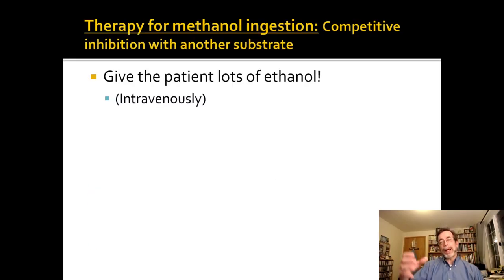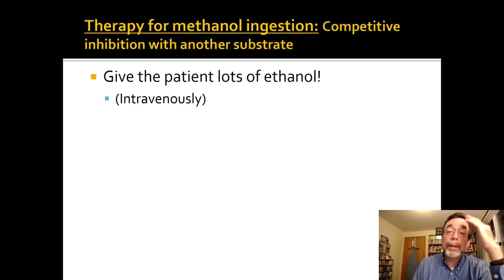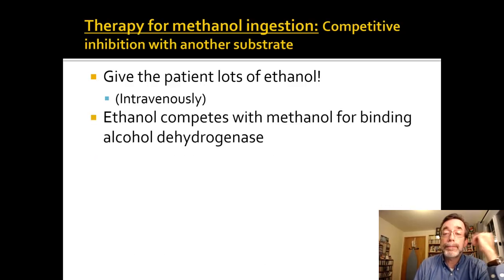Now you don't actually give it to them to drink. It's much more efficient to give it to them intravenously. But this is actually what you do. It's one way to treat methanol ingestion. You outcompete the methanol for the alcohol dehydrogenase, and you flood the system with high amounts of ethanol so the methanol stops reacting.